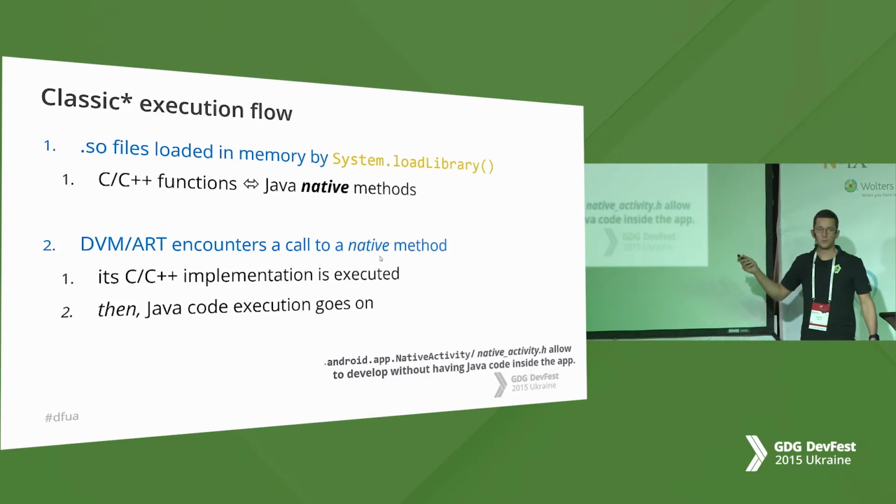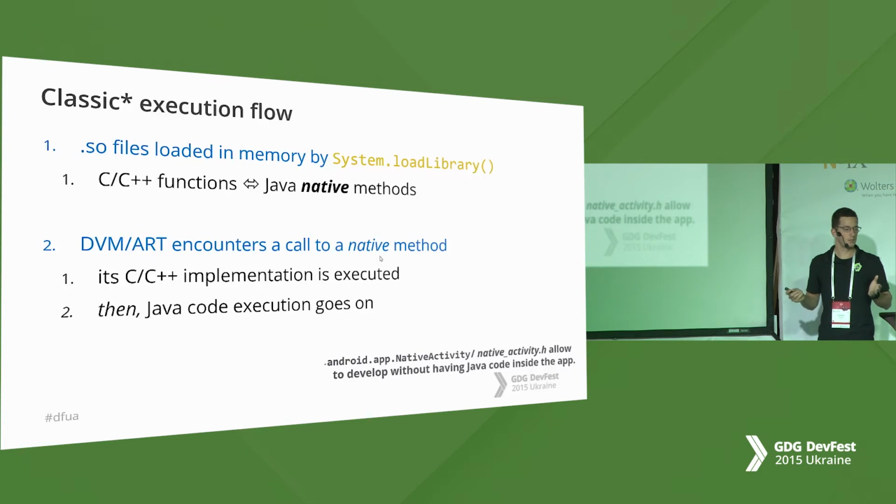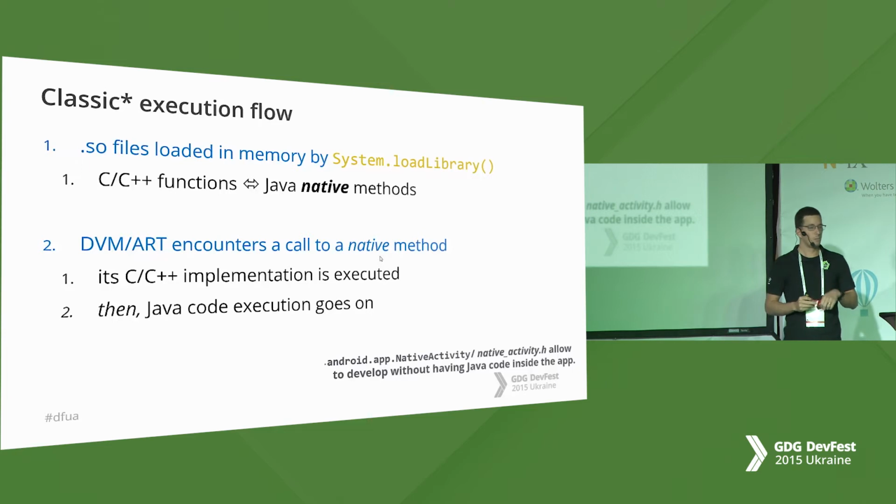There is one exception to this classic model, which is when you use a native activity. A native activity allows you to develop an Android application without even touching Java code. But even if you use a native activity, you will have to deal with the Android SDK, which is almost fully Java.